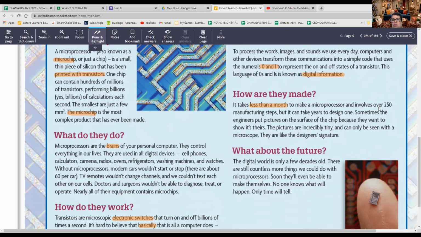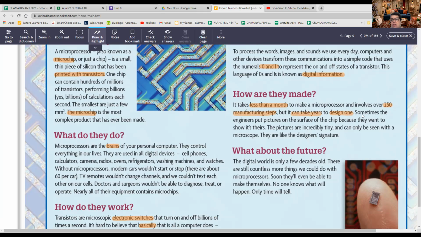And it involves over 250 manufacturing steps, so there are lots of steps to follow. But it can take years to design one. So you can make a microprocessor in less than a month, but to design one can take years, okay?